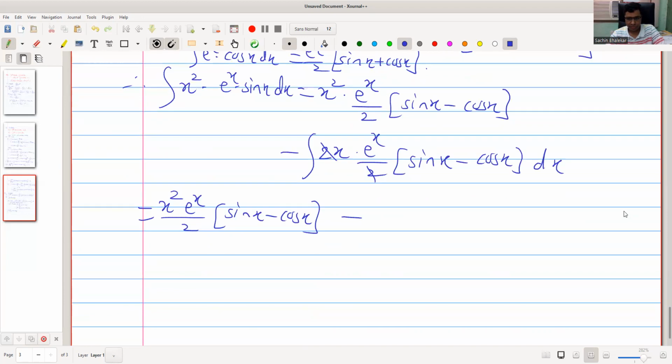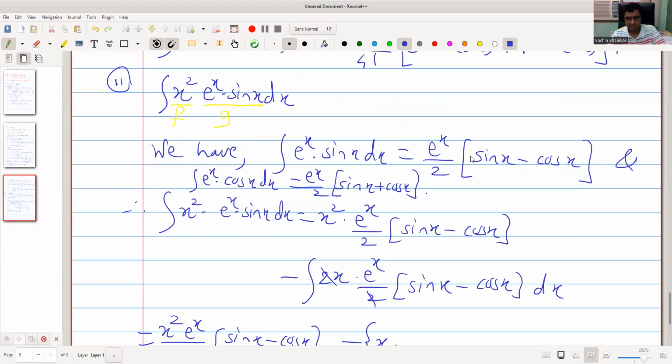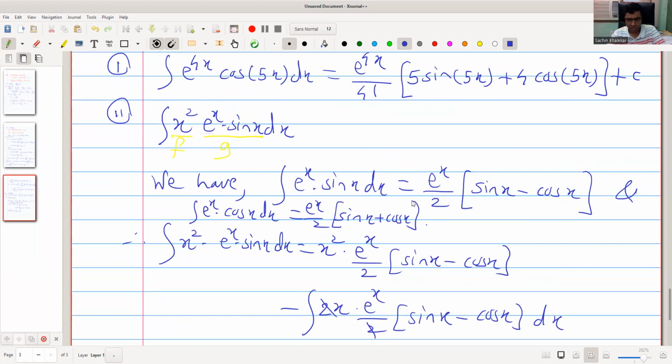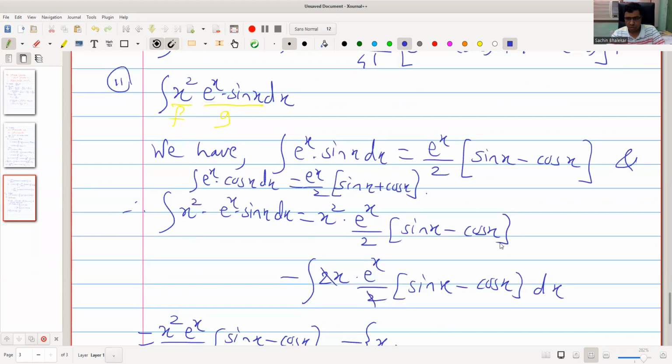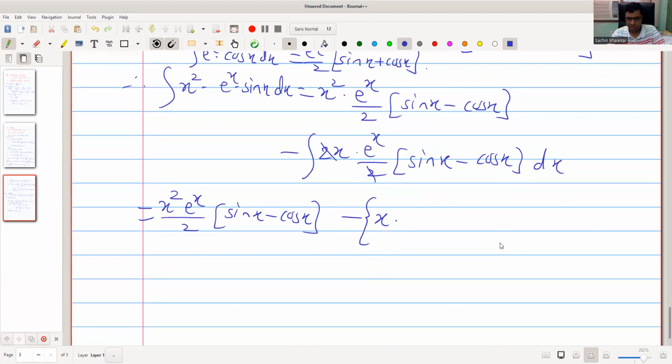So that we are going to substitute. So minus, now we write integration by parts: first function x into the integral of the second, integral of e raised to x (sin x minus cos x), so this one, e raised to x by 2 into minus 2 cos x. So here I am writing minus 2 e raised to x by 2 cos x.